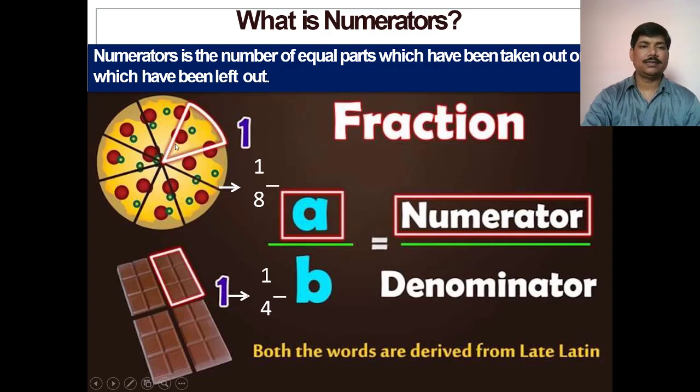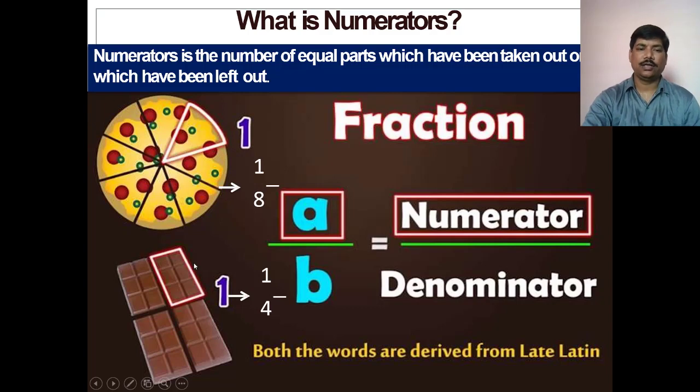From the total parts, the taken out part is known as the numerator and the total number of parts of that object is known as the denominator. As you are seeing here, in this pizza the total parts are 8 and the taken out part is 1.